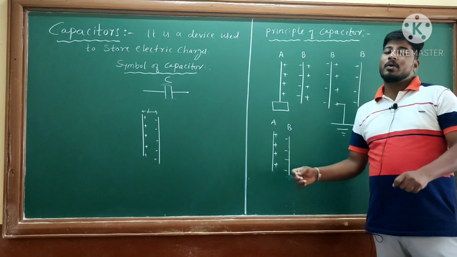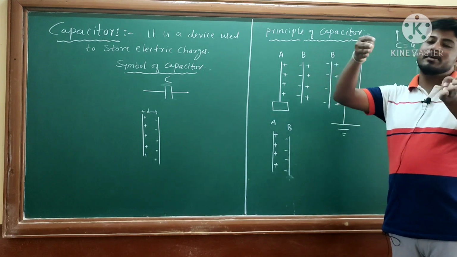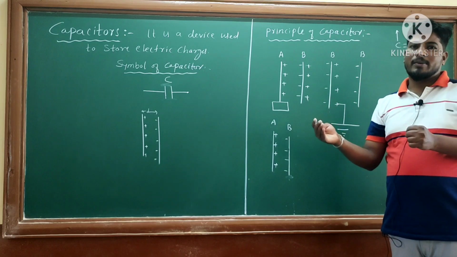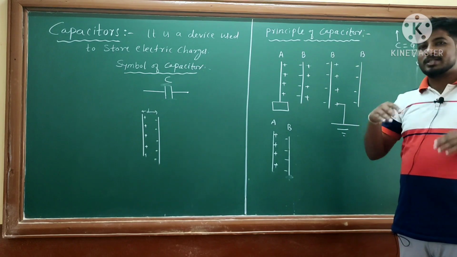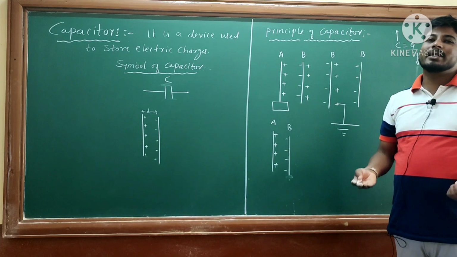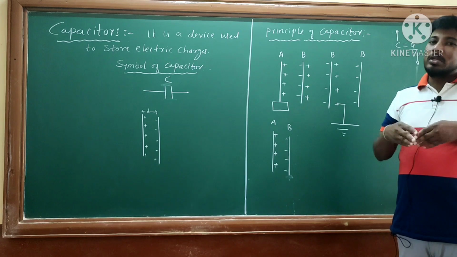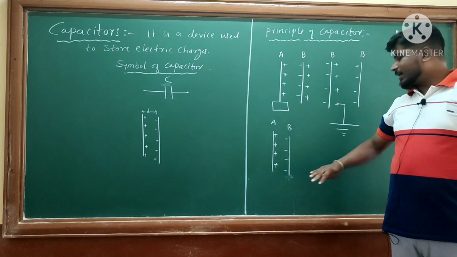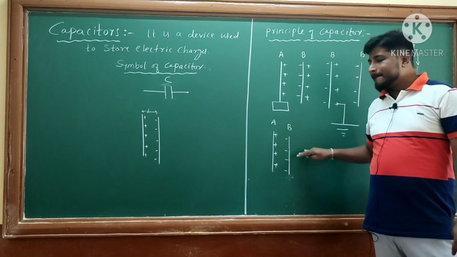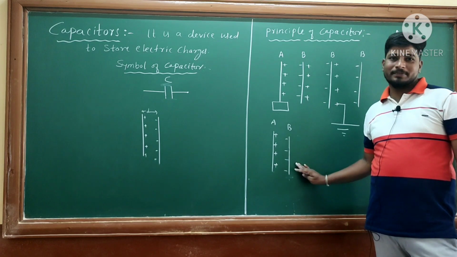So when I say that the capacitance of this conductor increases, I will add one more charge, I will add two more charges, so that it will increase its capacitance. So capacitance can be increased by decreasing the potential of another conductor.